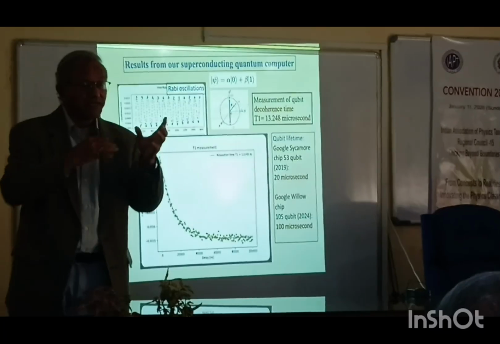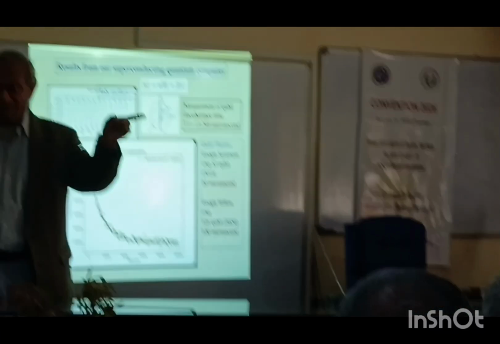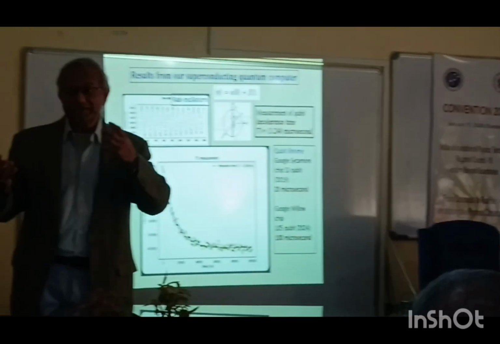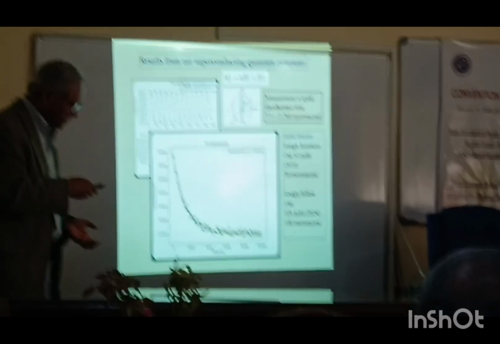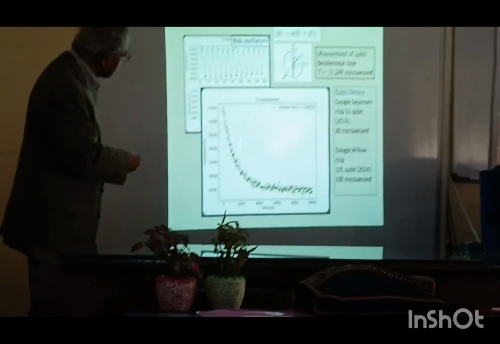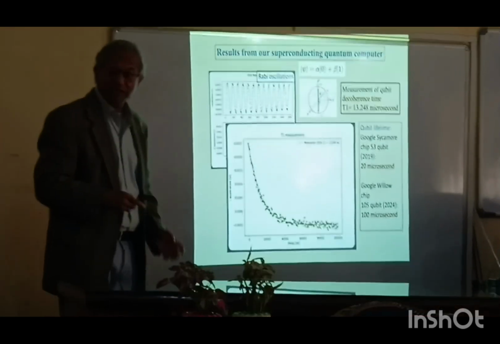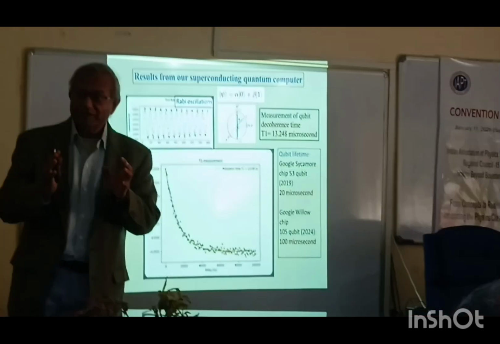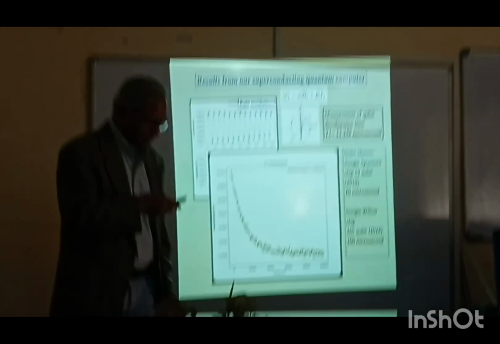When it interacts with the environment, it goes out of its quantum coherence. So how long it survives to offer you actual quantum behavior is also measured through this decay curve. From here it's an exponential decay. From that we can measure the T1 time, that is the effective time during which you can use it as a quantum system. But beyond that you cannot.